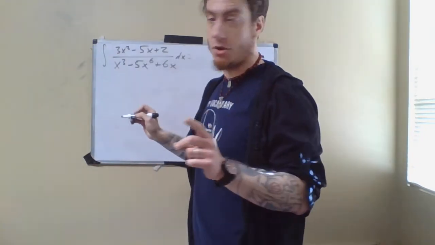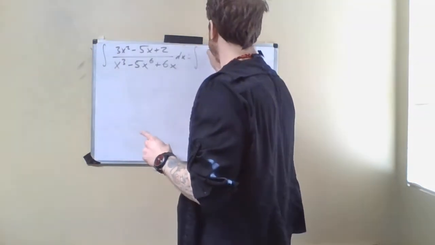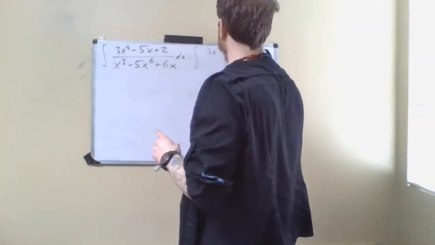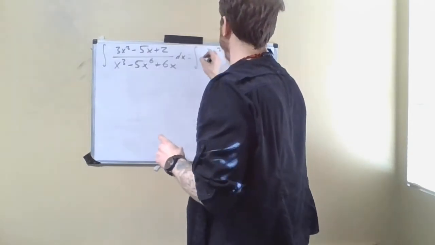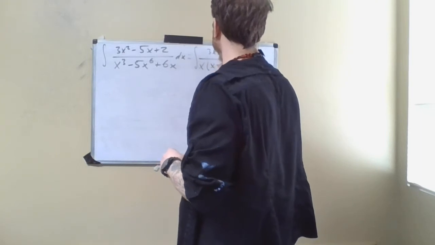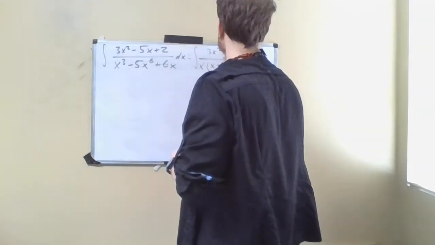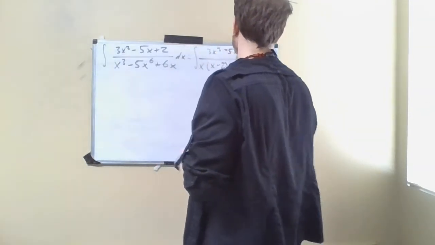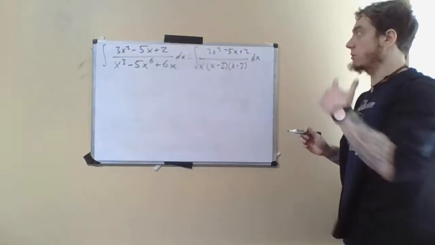But here's what I can do. I can rewrite this as the integral of 3x squared minus 5x plus 2. If I factor the denominator, this becomes x times x minus 2 times x minus 3. And that is what we are integrating.